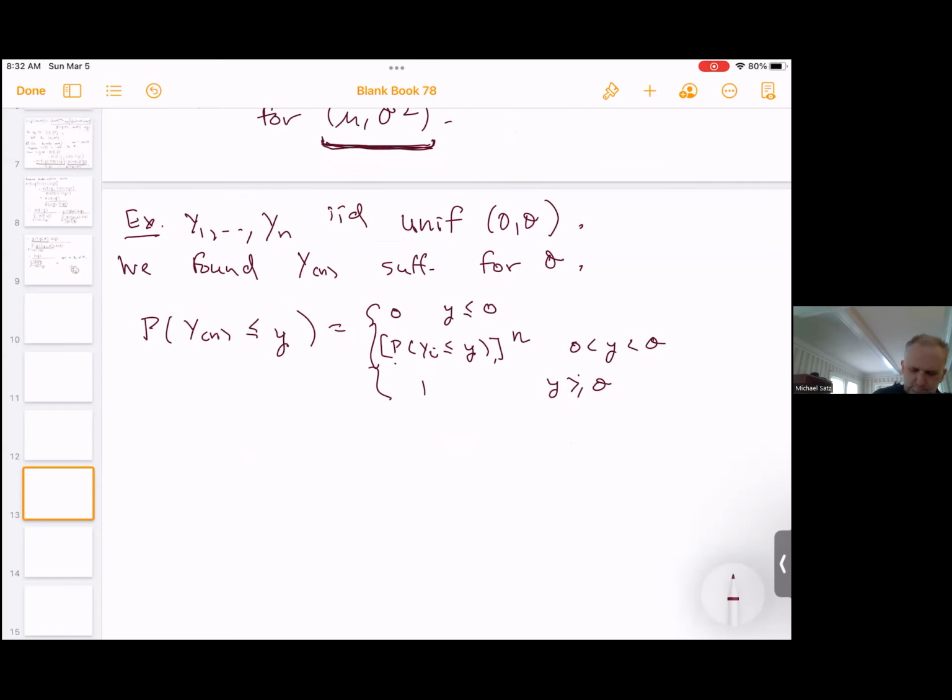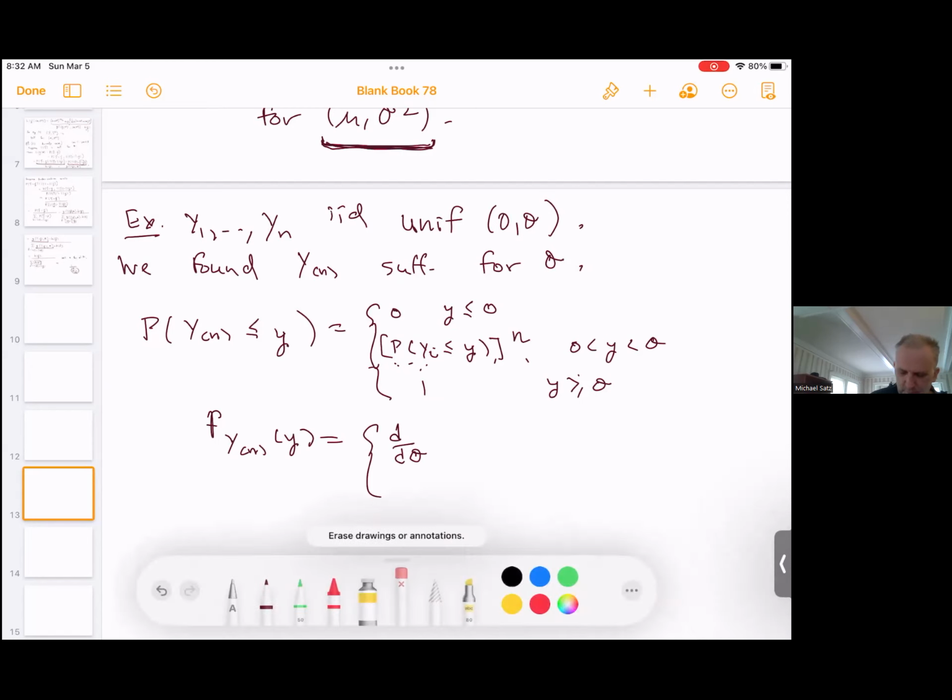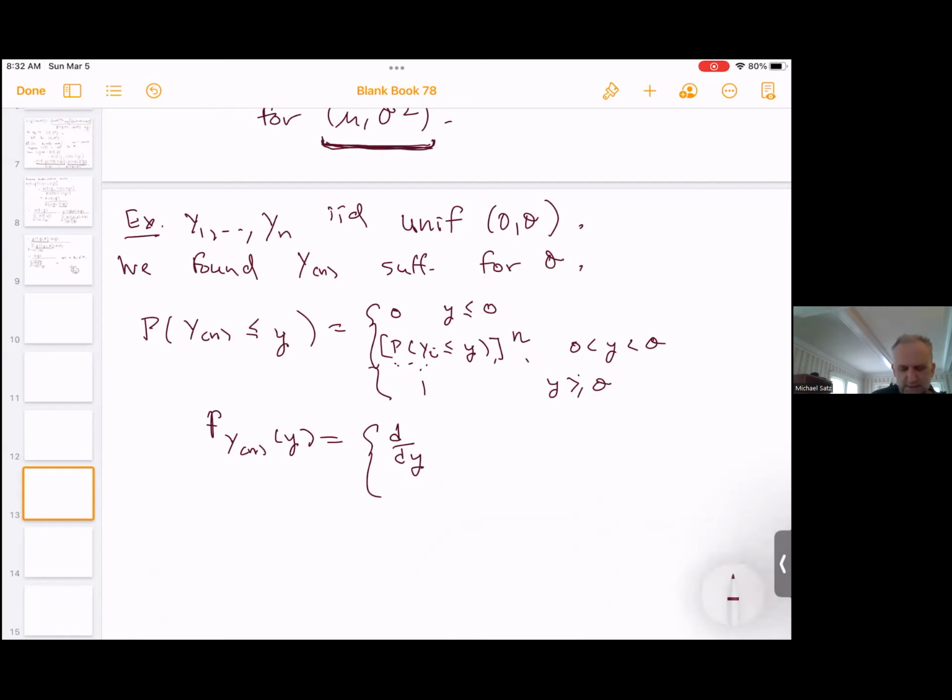And so taking the derivative of this, we get the density f of little y. It's just going to be the derivative of this. What is the probability Yi is less than little y?